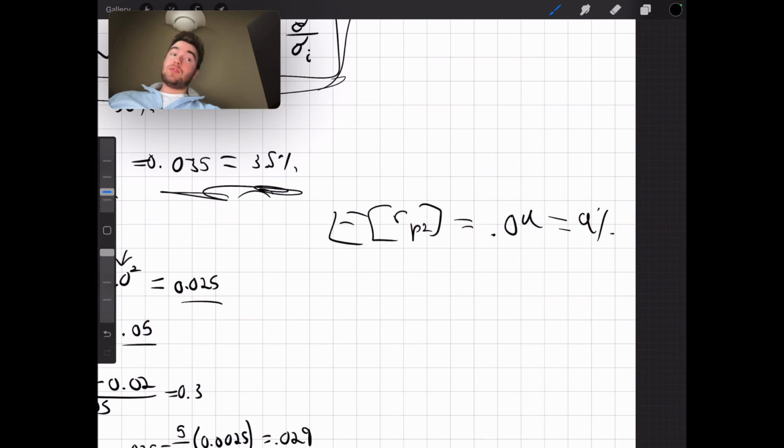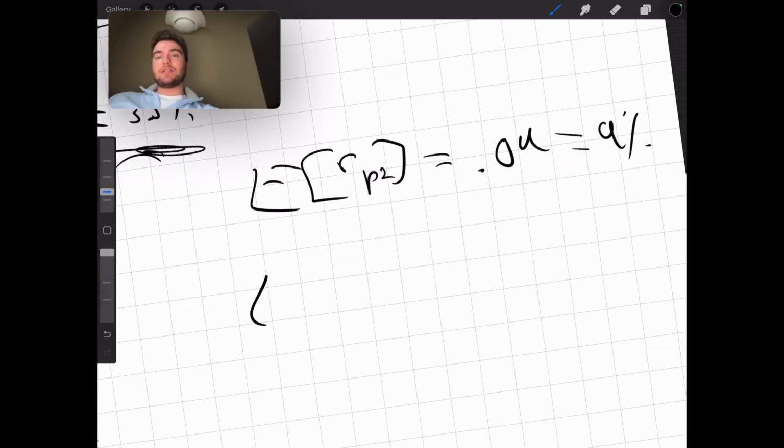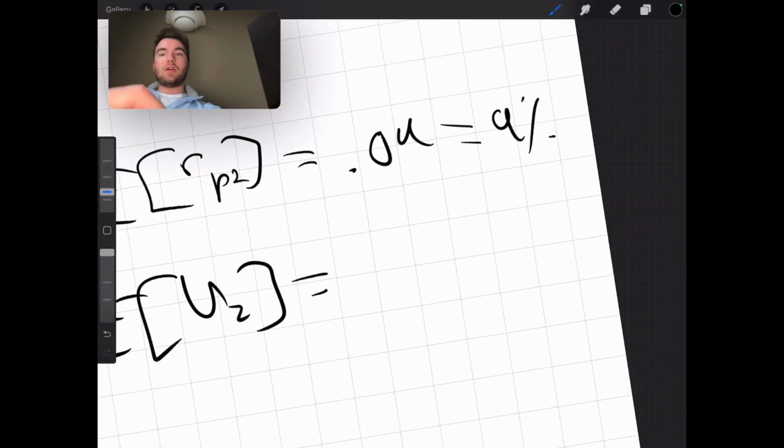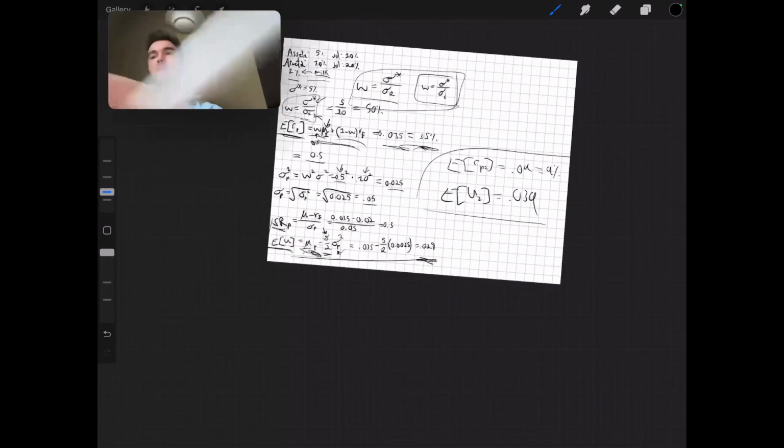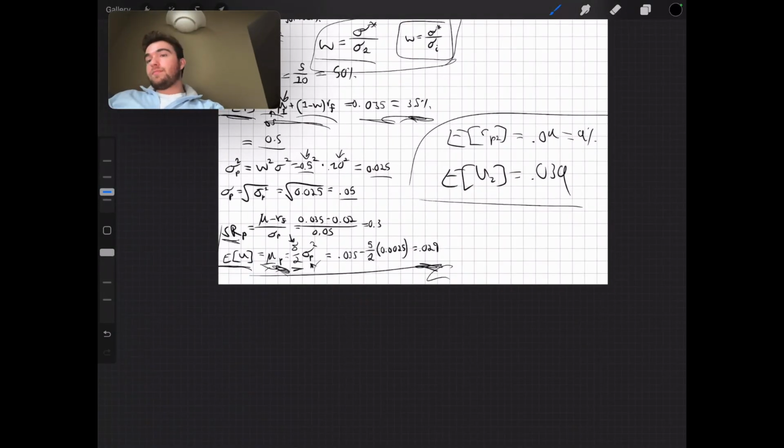And the utility is also higher. So it actually doesn't even matter. The utility of 2 is equal to 0.034, but that's bigger than 0.029, so it wouldn't really matter. My confusion is irrelevant.